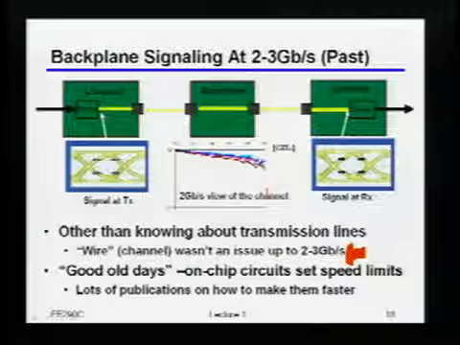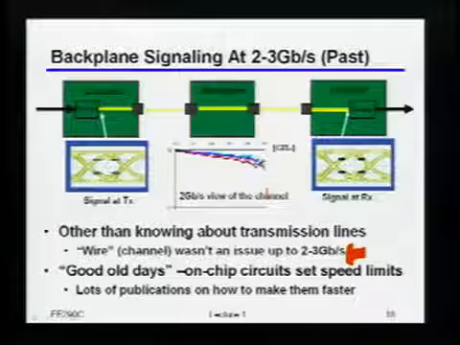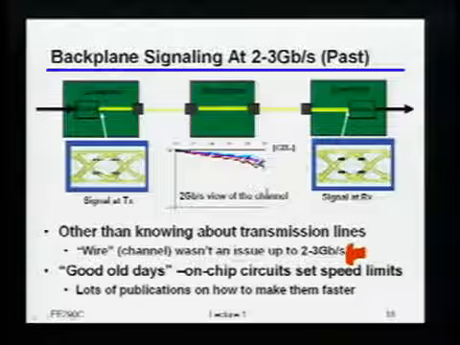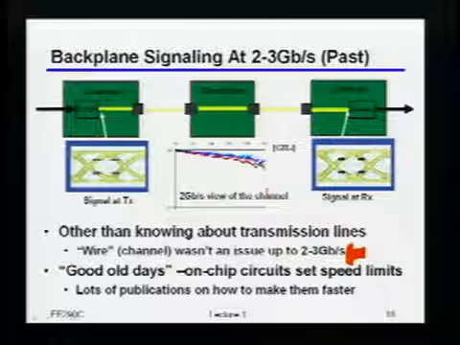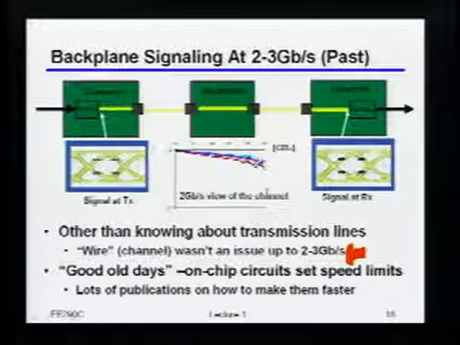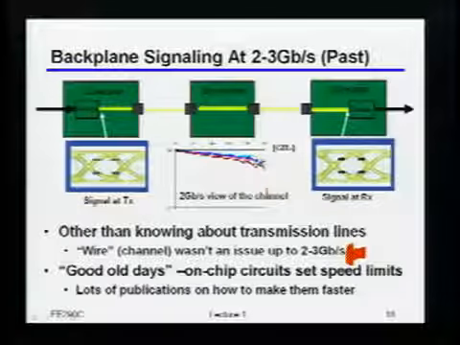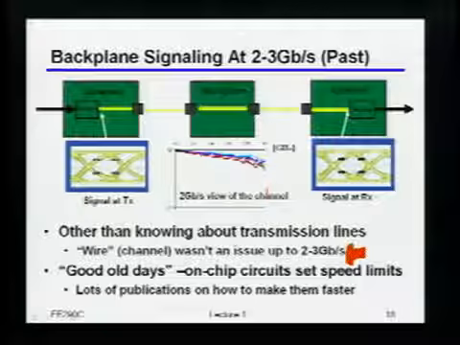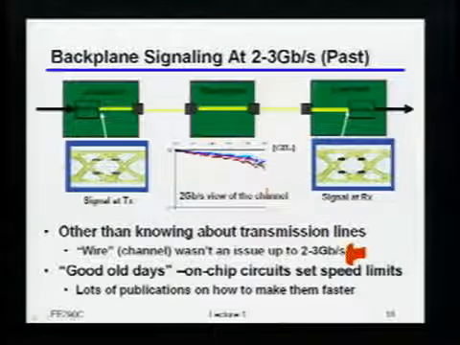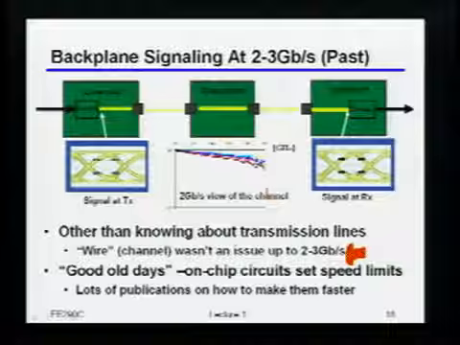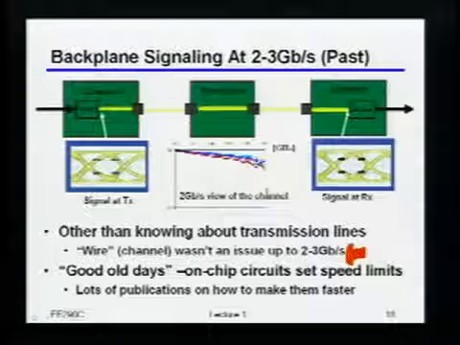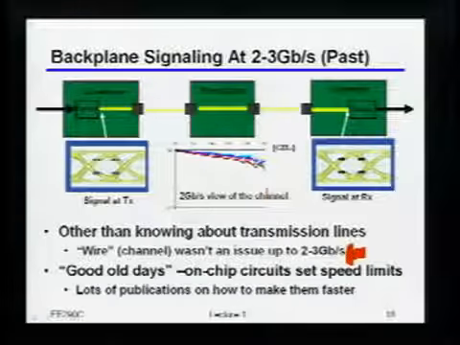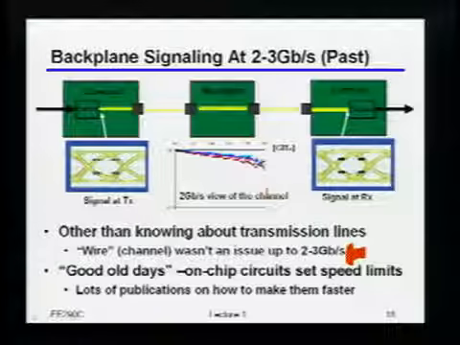People wanted to take 0.5 micron technologies and figure out how to do 2, 3, 4 gigabits per second of throughput, and this was a pretty slow technology. A lot of the initial publications were about how to build really fast circuits that get very short bit times, and a little bit on how to time those circuits and decide the right time to look at those bits.